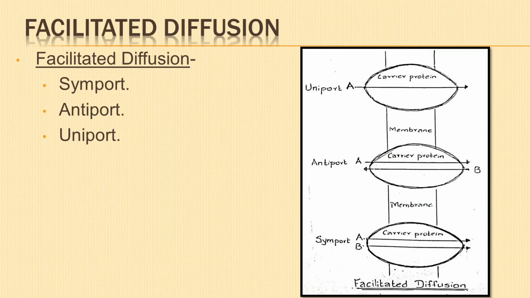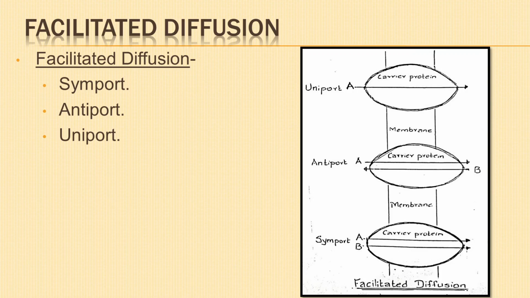Three types of facilitated diffusion are symport, antiport, and uniport. Movement of two types of molecules across a membrane in the same direction through protein channel is known as symport.